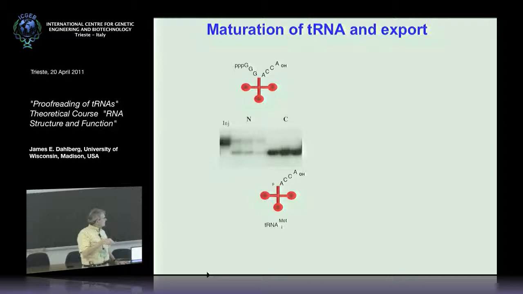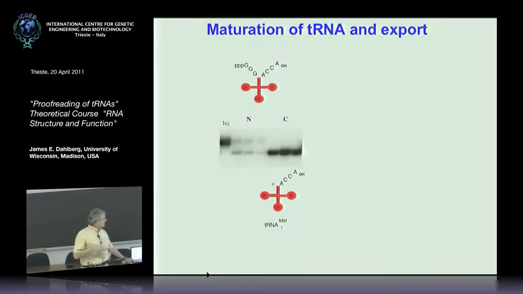It all gets processed down here, and when we look at what that processing is, it's removal of the extra nucleotides at the 5' end. And this RNA, which was processed, is now rapidly exported to the cytoplasm, saying that you need removal of the extra nucleotides of the 5' end.